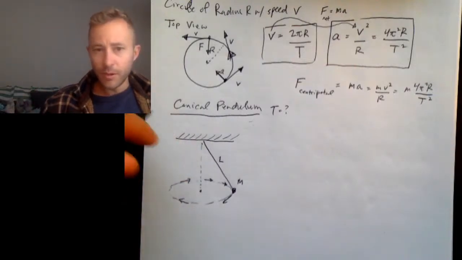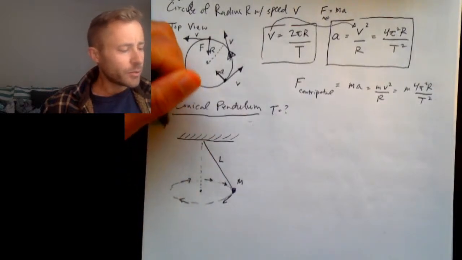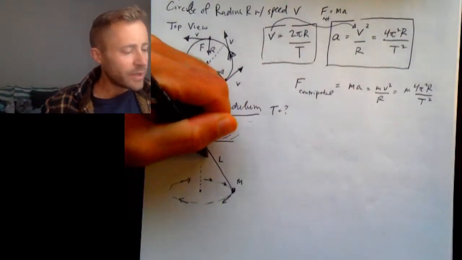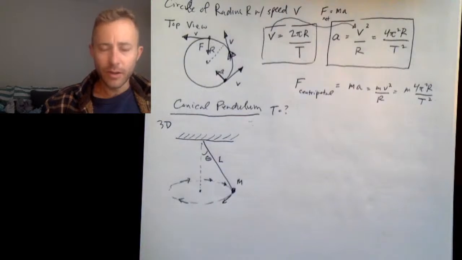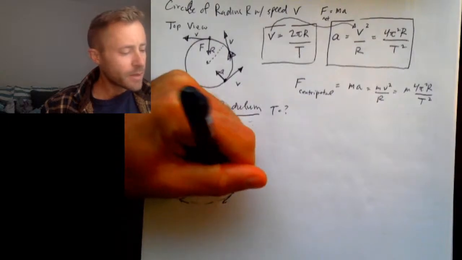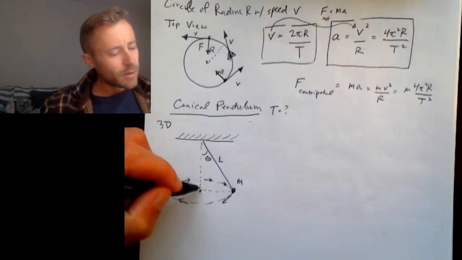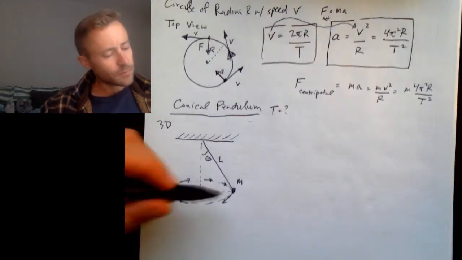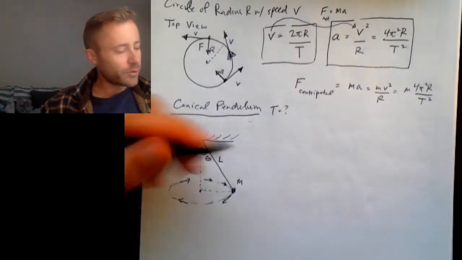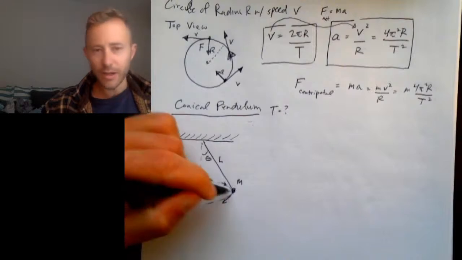One of the important variables for a conical pendulum, I guess this would be more of a 3D view because we're kind of looking at it from an angle, is the angle that the string makes with the vertical. And what we can see is that the radius of the circle is not equal to the length of the string, because this is the radius of the circle right here, from the center of the circle to the edge.